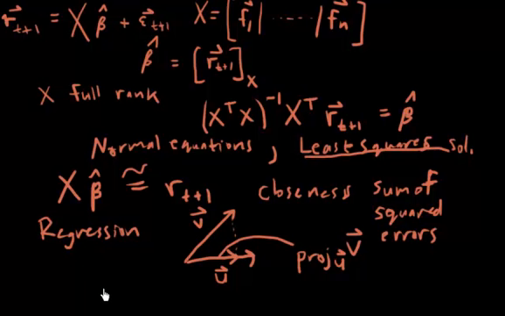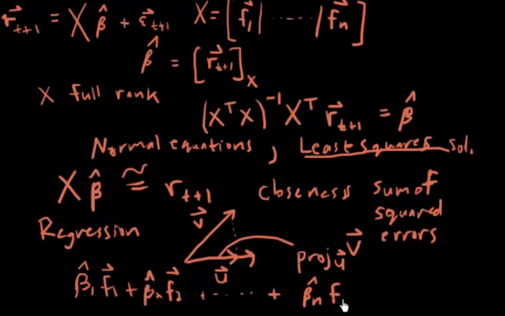Now, what the least squares solution beta hat gives you is your best estimate, beta 1 hat f1 plus beta 2 hat f2 and so on. It gives you your best guess at a linear combination of factors from your factor model to get you as close as you can, in the least squares sense, to the future return.